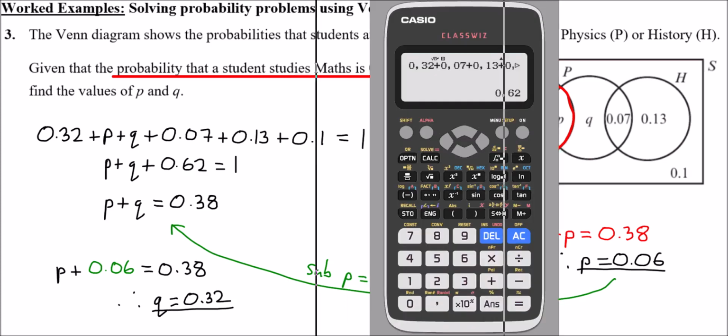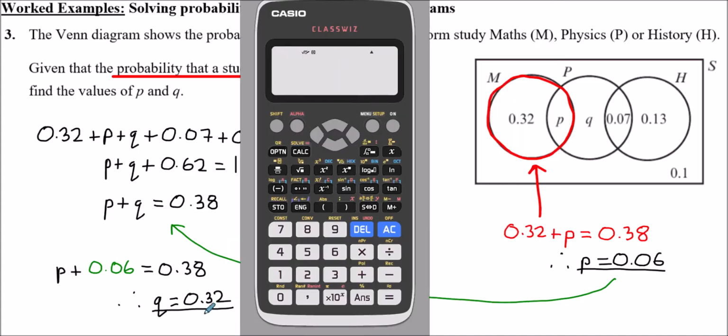So, if it is true that Q is 0.32 and P is 0.06, then this 0.32 plus P, so plus 0.06, plus Q, which is 0.32, plus 0.07, plus 0.13, plus 0.1.